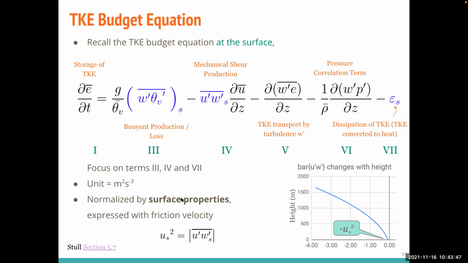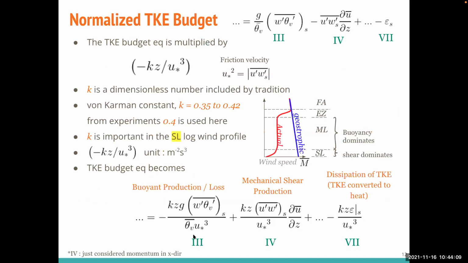Okay, so we want to normalize the whole equation by the surface properties, right? We have a subscript S here. It means that it's for the surface layer. And we divide the whole equation by the surface properties here, the surface flux. This is constant, right? It doesn't matter if you do the division.